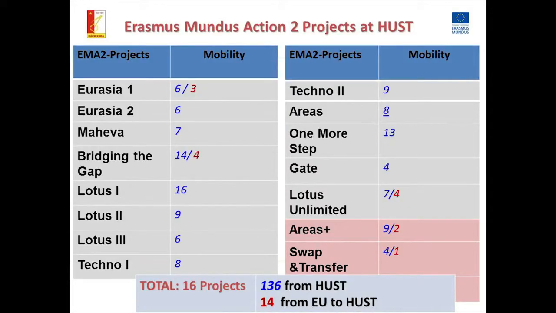This slide will give you information on how many mobilities we have by project for staff and students at HUST. So far, with a total of 16 projects, HUST has sent around 136 staff and students on funded mobility, for any kind of mobility: master exchange students for 6 months or 12 months, or a full master of 20 months.